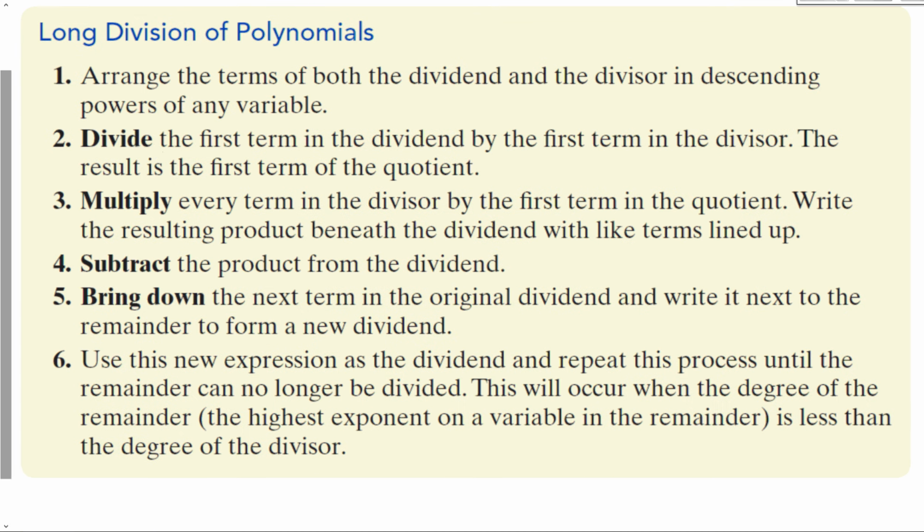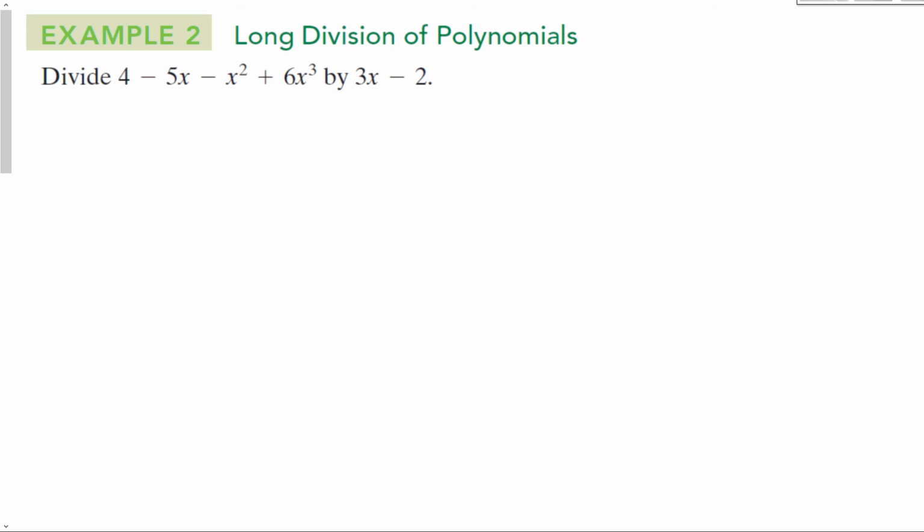Okay, divide, multiply, subtract, bring down. This method will work for any polynomial division problem that we have. Now, we're going to see an easier method in a few minutes that will work for specific types of polynomial equations. But for now, let's look at one that's slightly harder. So step one, rearrange this and write it out.